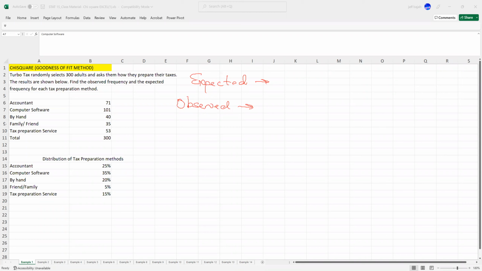Now, in the goodness of fit method for chi-square, what we're going to do is to check. We want to see if what we observe is the same as what has been expected.